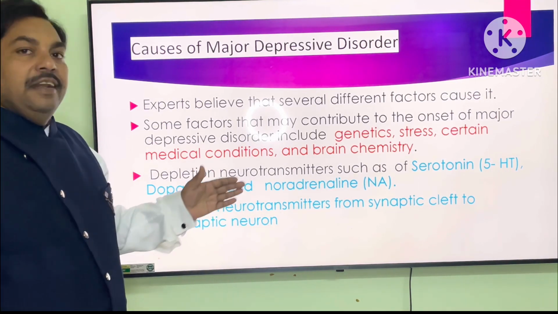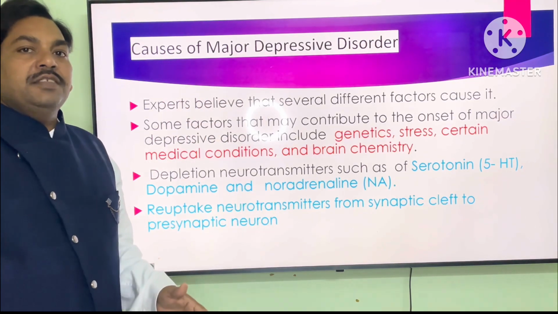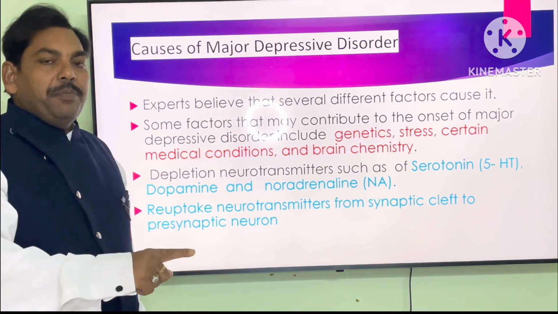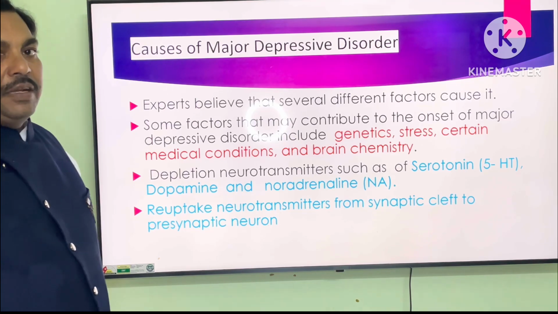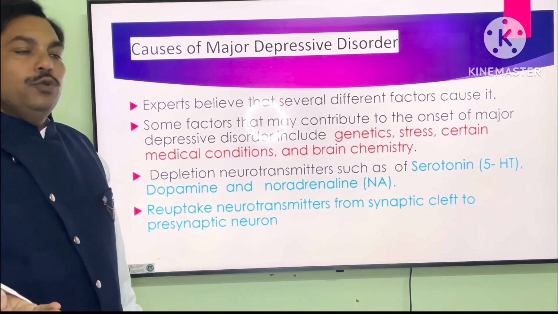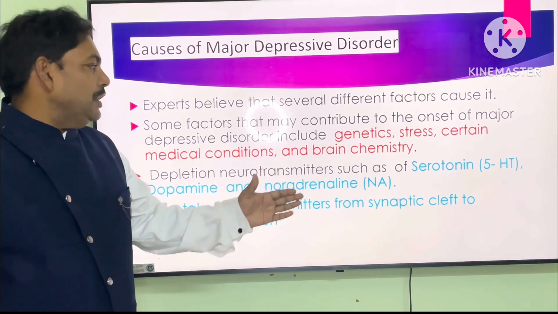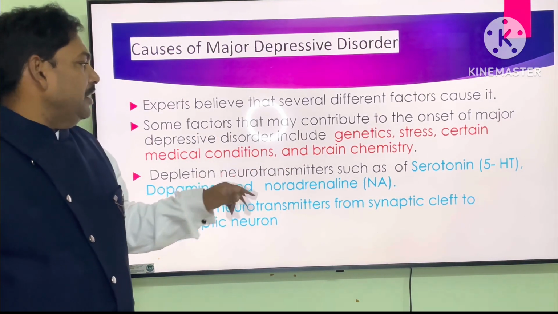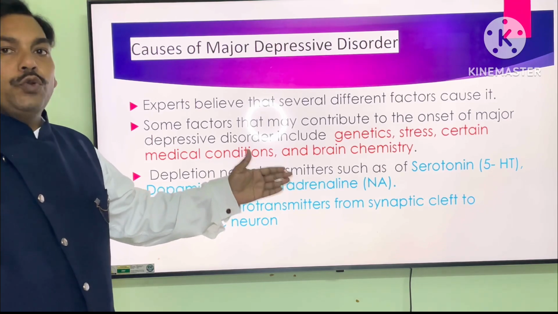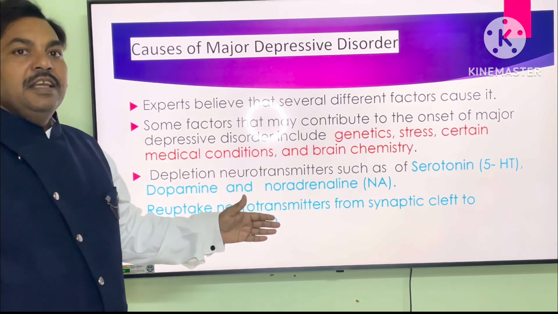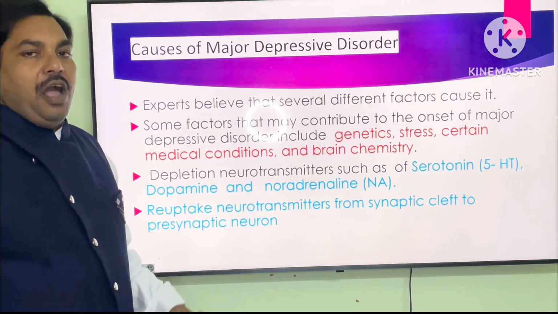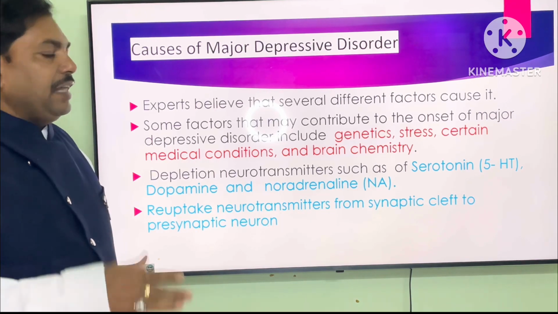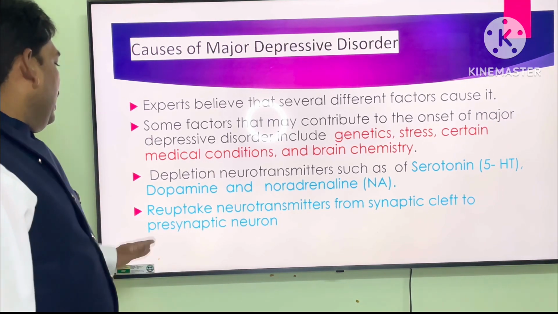They pass from the presynaptic neuron across the synaptic cleft to the postsynaptic neuron, and a reduced concentration may induce depression. These include serotonin, also known as the happiness hormone, dopamine, and noradrenaline. If these neurotransmitters decrease inside the synaptic cleft or fail to reach the postsynaptic neuron, that induces depression.